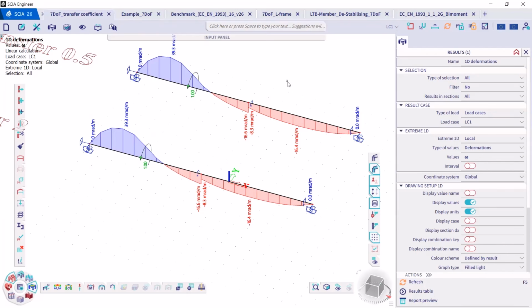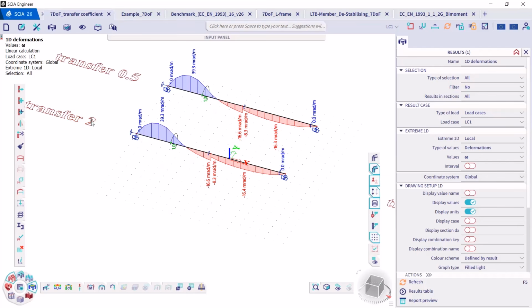This is exactly due to the value of the transfer coefficient. So when we say it's 0.5, it means we take half of the value. On the other hand, if the transfer coefficient is equal to 2, we take double of the value from the opposite side. So basically, if you put it on the right side with 0.5 or on the left side with 2, you get the same result.